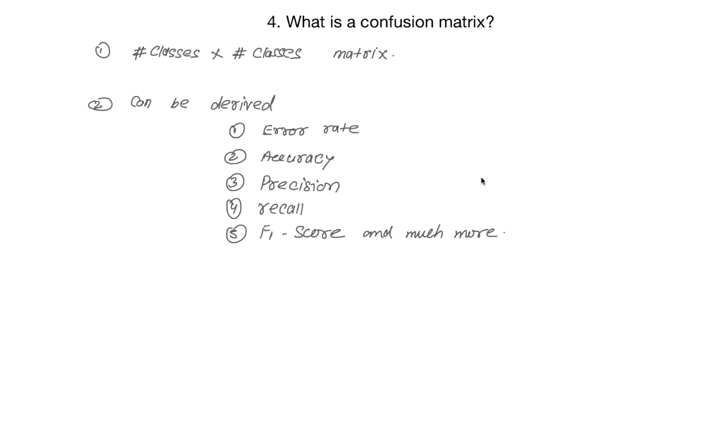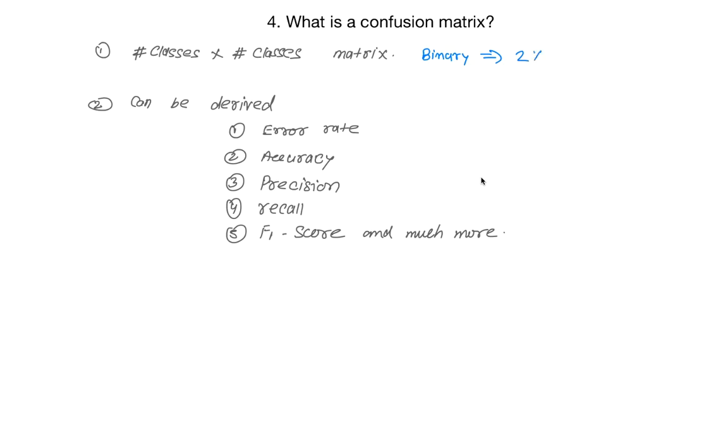Now let's go ahead and see the fourth question. The fourth question is, what is a confusion matrix? A confusion matrix is a table which is number of classes by number of classes. For example, if you have a binary classification, in binary classification you have two classes.